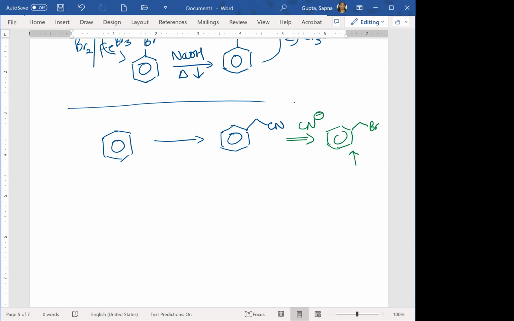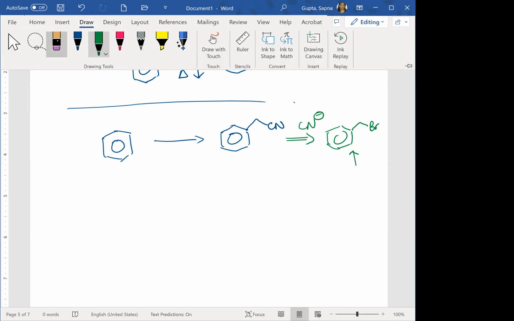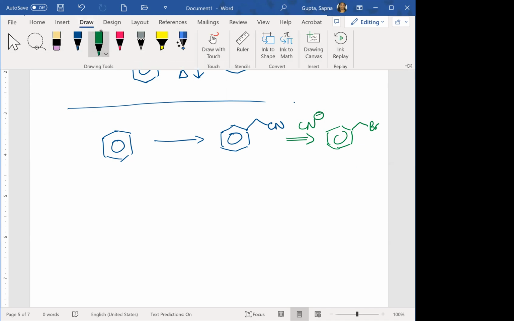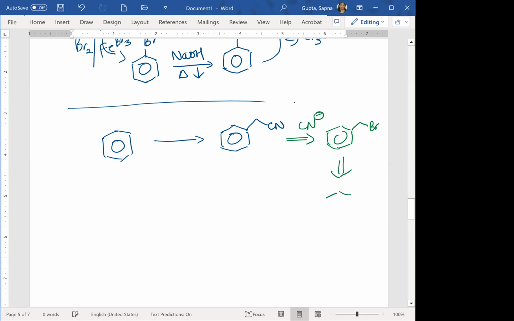So which means that we should be trying to focus on how to make this, all right? And how to make that, let me go ahead and remove that arrow because that's quite a misleading arrow. We can get that from toluene, because we know that this carbon is the allylic carbon. So we can get bromine there without any problem, okay?